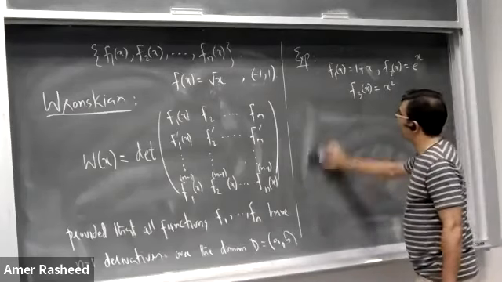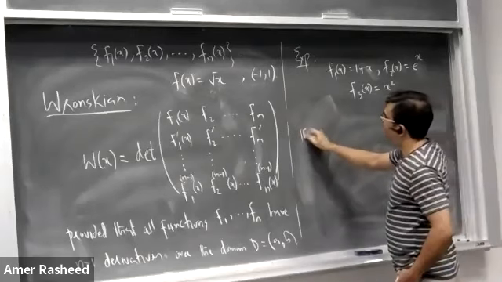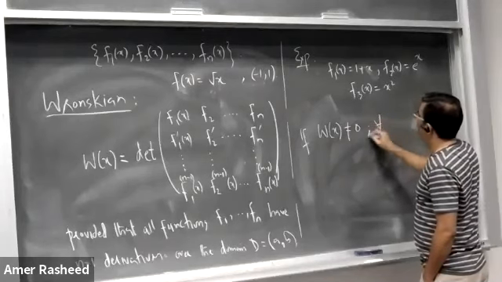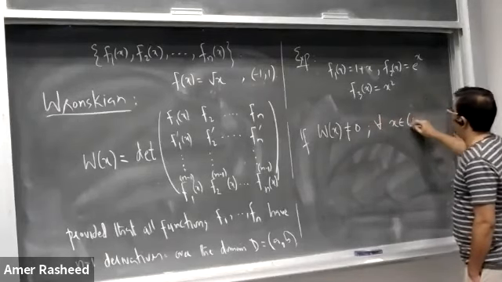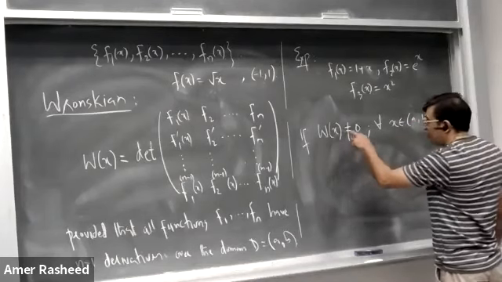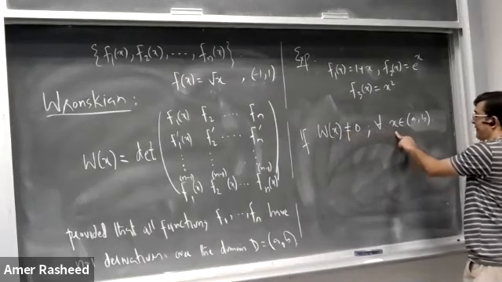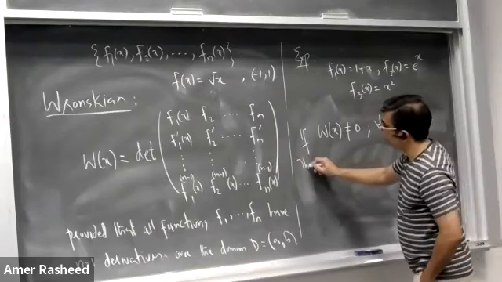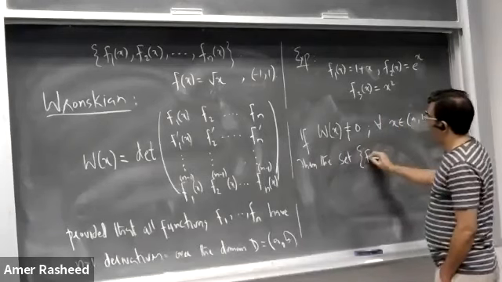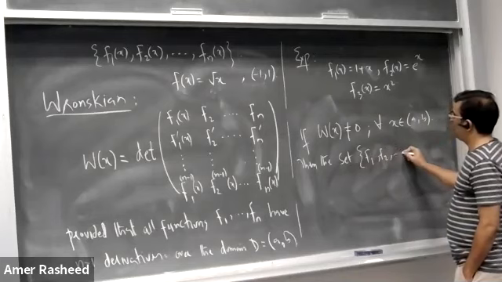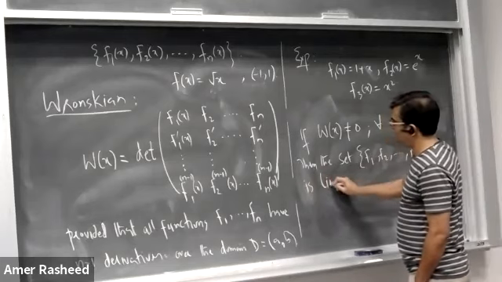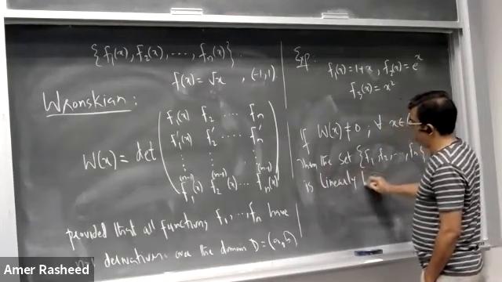After computing the Wronskian, if W of x is not 0 for all x belonging to the domain AB, it should be not equal to 0 for all values of x, then the set f1, f2, and so on, fn is linearly independent.